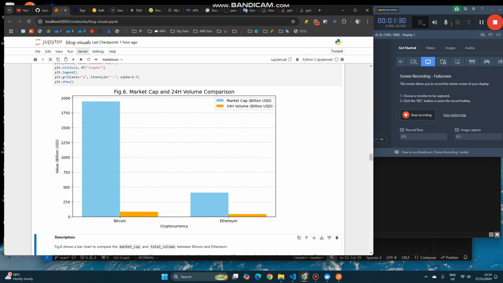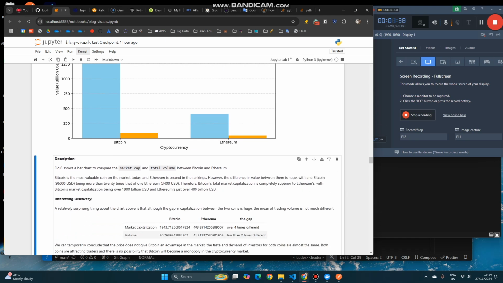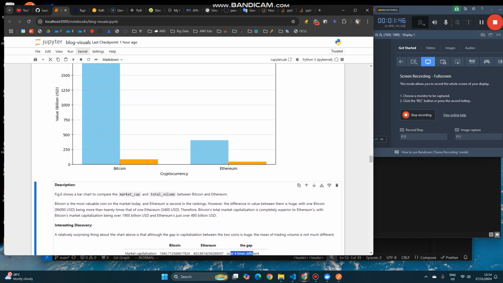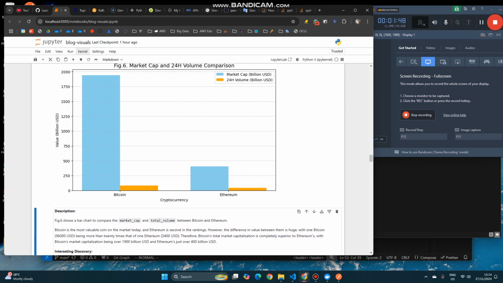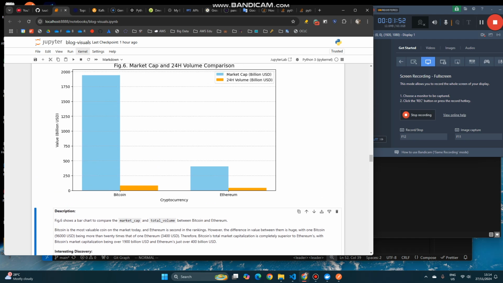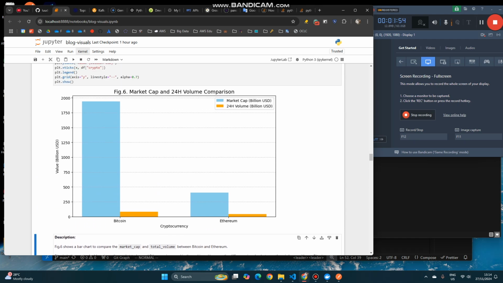The interesting thing I found is the market capitalization between Bitcoin and Ethereum is 4 times different, but the volume of the trading between those two coins is not much different.